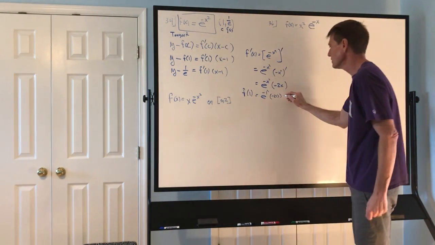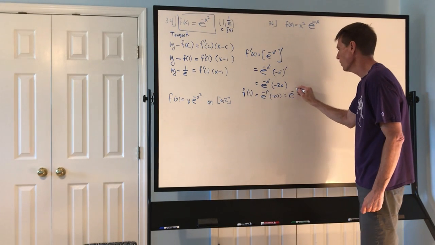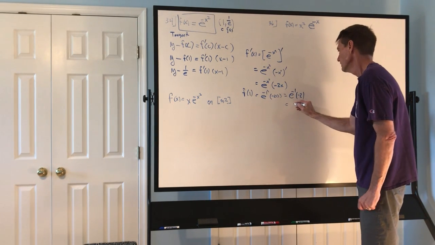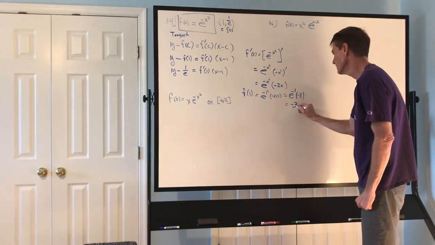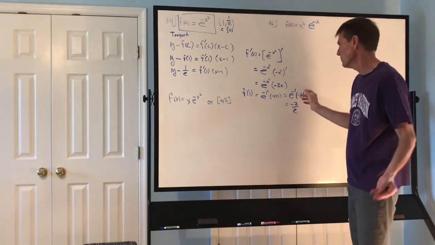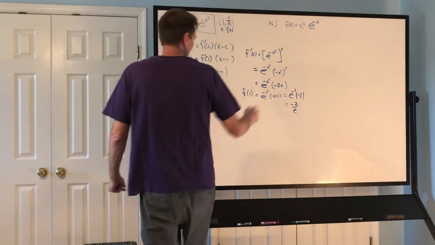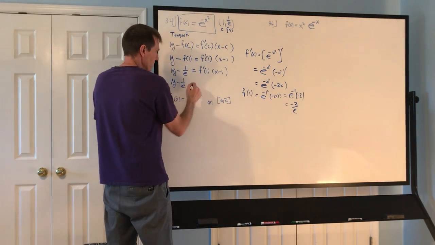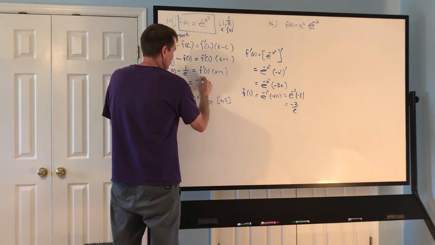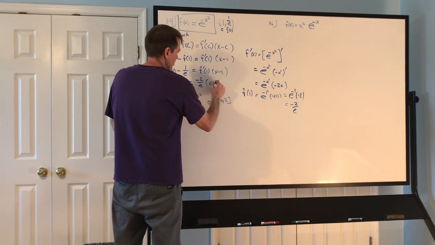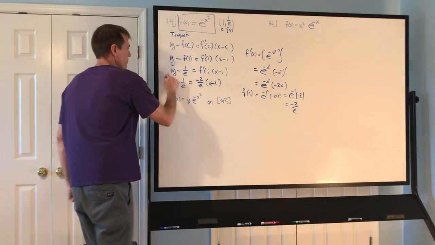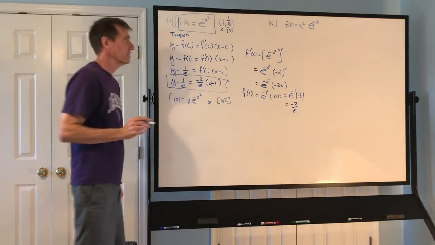Which ends up being, if we just clean this up a little bit, e to the minus 1 times minus 2, which is like minus 2 over e. I don't care, you could use this. But I'll write it like this. So then the equation of my tangent line is this minus this number times x minus 1. So there's the equation of the tangent line.